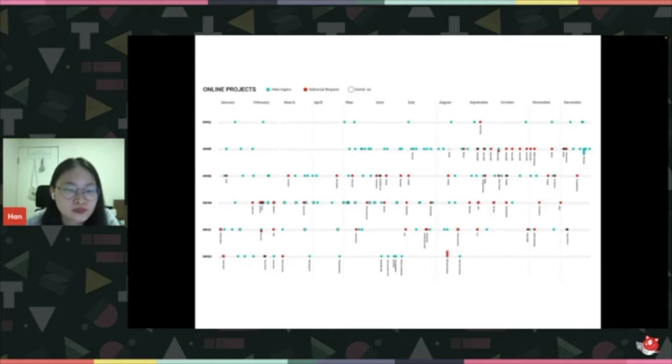And the little red dots mean the graphic was requested by our reporters. Sometimes when a reporter thinks he has some data that would make a nice infographic, he will send an email to us and ask for help. If you take a look here, you can see that since last year, the majority of story ideas are from our internal team.